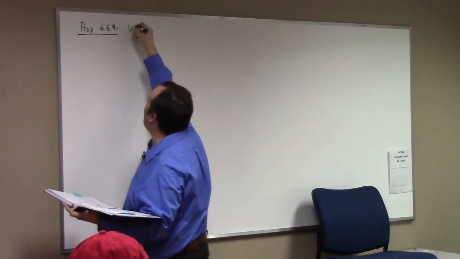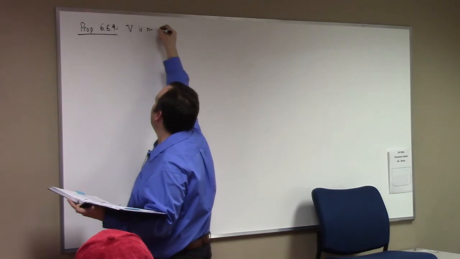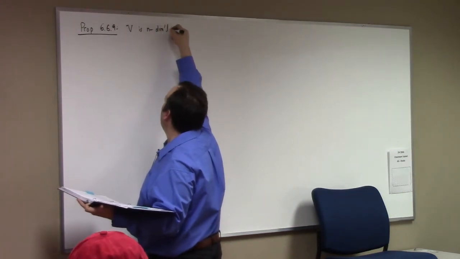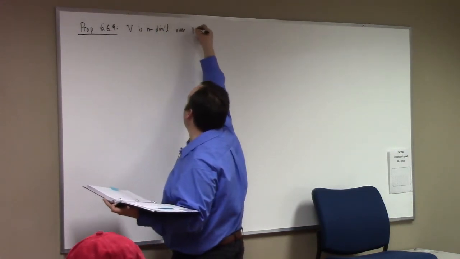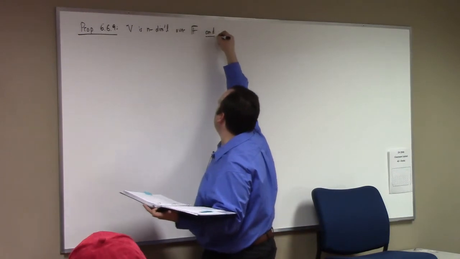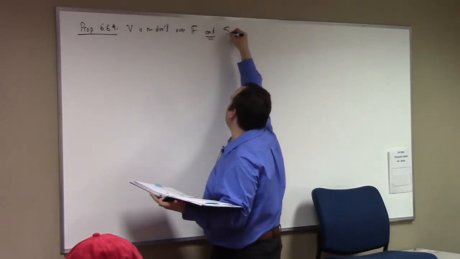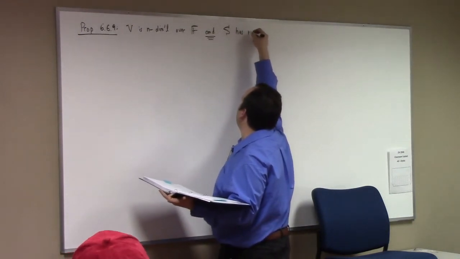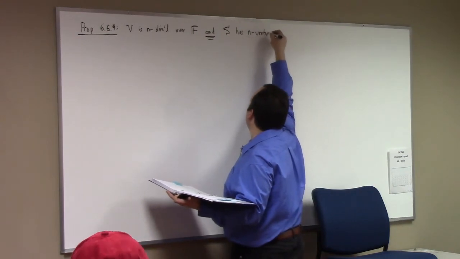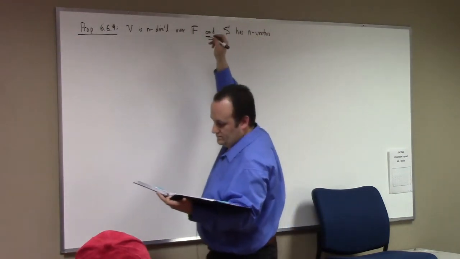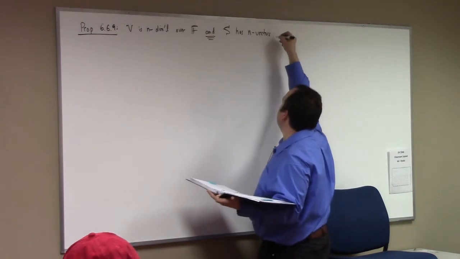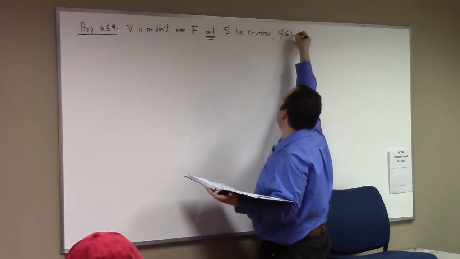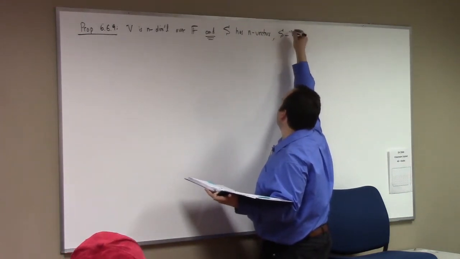So if V is n-dimensional over F, and S has n vectors, all right? S is a subset of V, okay? Not a subspace, but a subset.